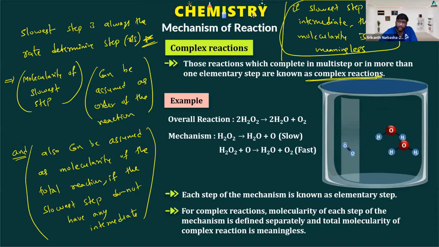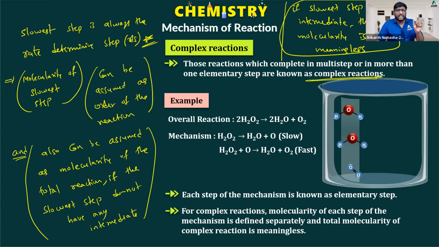Understand this point? You have to find out order and molecularity, right? I have given you a complex reaction. The mechanism they have to provide. From the mechanism, if it is an organic reaction, we have to know, like E1 reaction, E2 reaction, SN1, SN2. If it is any arbitrary reaction, they will give the mechanistic approach. From the mechanism, you just look at the slowest step, which is the rate determining step.